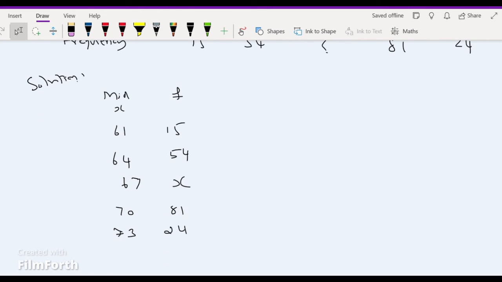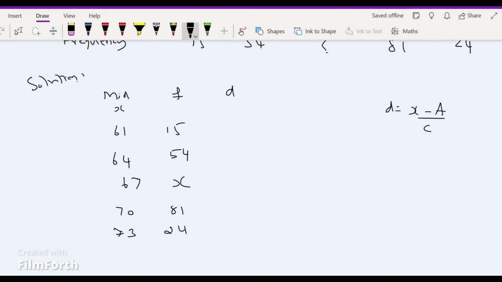So d: how to find d? d is x minus A divided by the class interval C. The class interval is 3.